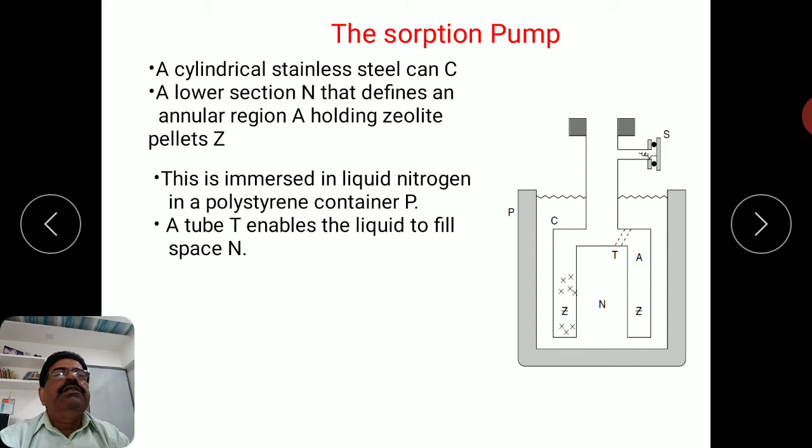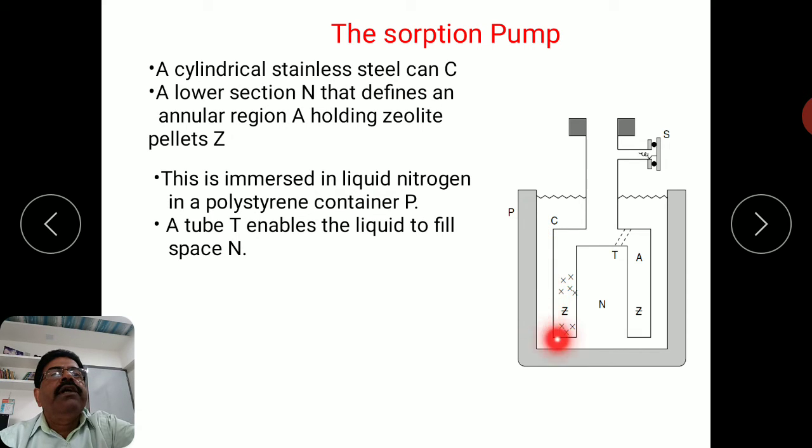Now this assembly is immersed in liquid nitrogen in a polystyrene container P. You can see this outer container which is made of polystyrene. In this polystyrene container, liquid nitrogen is filled.